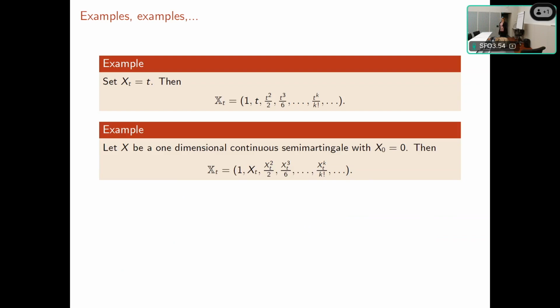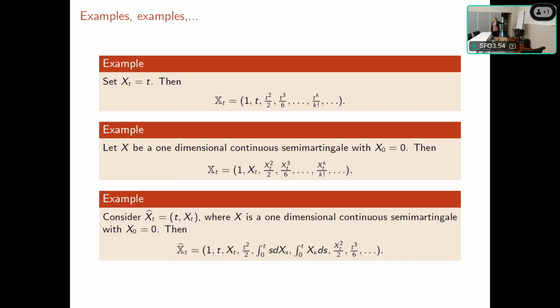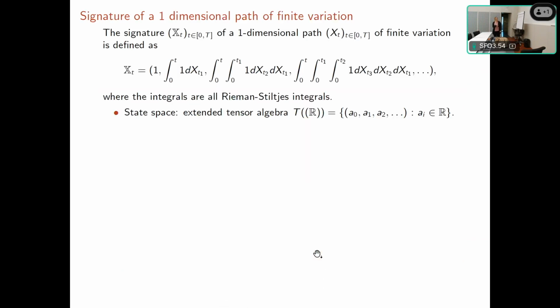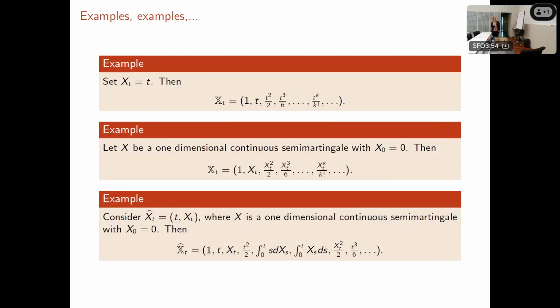Then you say, but you said that you get information about the trajectory from 0 to t. True, but this doesn't require continuity. Here, if you go to two dimensions, you can see that on top of the Taylor basis, there are also some integrals of one component with respect to the other: the first component with respect to the second, and the second with respect to the first.